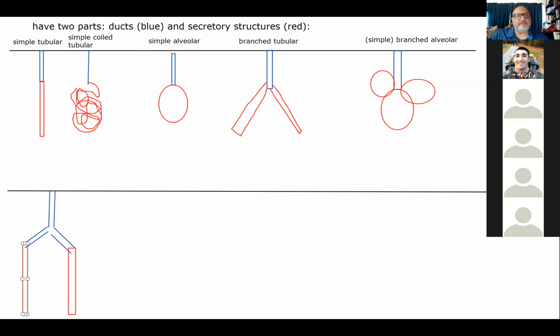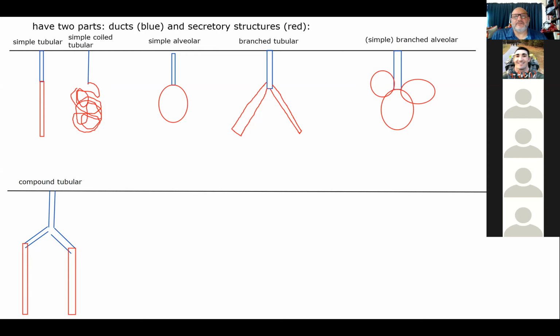What would this be? Compound gland. Yep, but compound you'd only get partial credit for, because what's the other half of it? Tubular. There you go. Compound tubular. Excellent. This would be a compound tubular. Perfect.